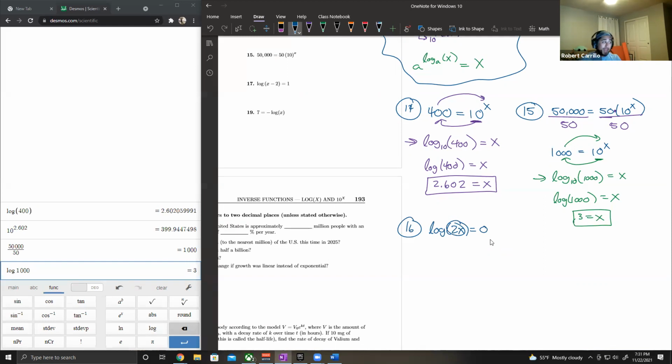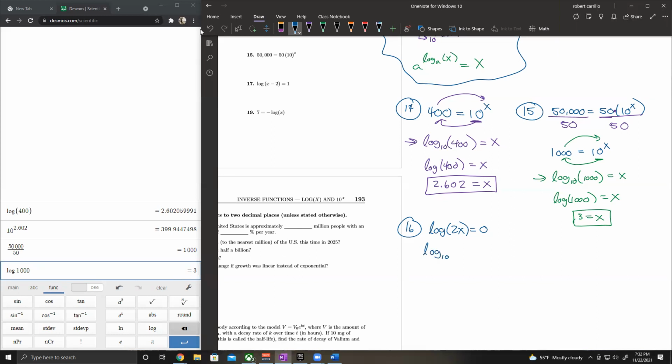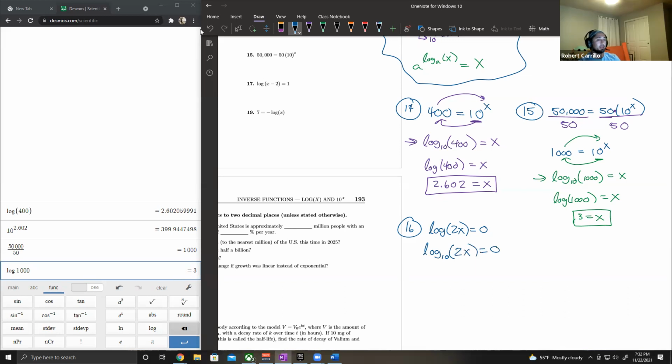And the only way to do that now is to convert from log back to exponential. And since we're only dealing with the common log today, this log has a base of what? 10. So we rewrite this as log base 10 of 2x.